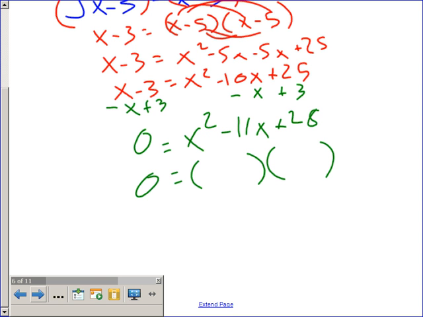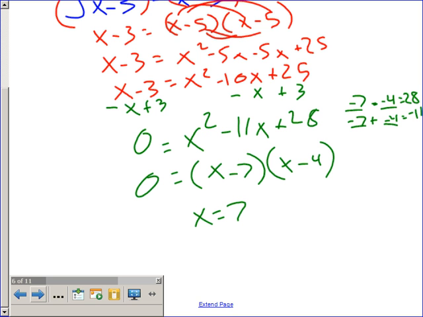What multiplies to 28, but adds to negative 11? Negative 7, negative 4. That's what works. So I do x minus 7, x minus 4. We set those equal to 0, and x equals 7, x equals 4.